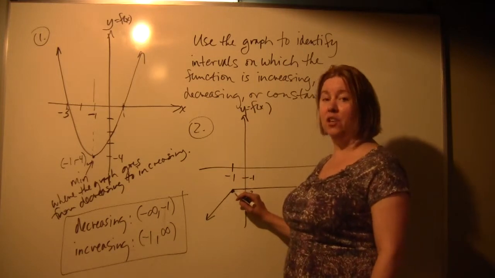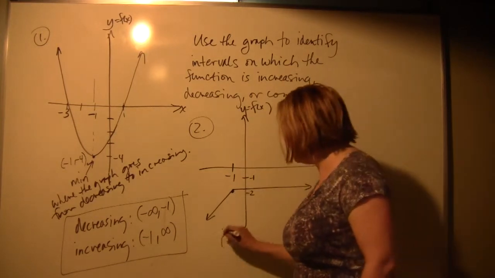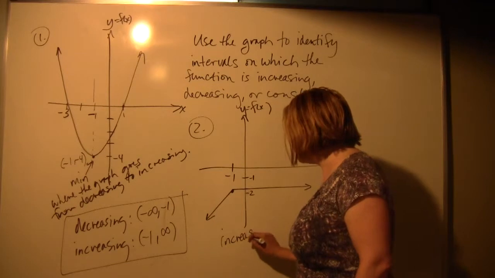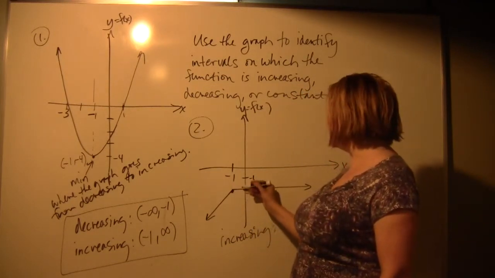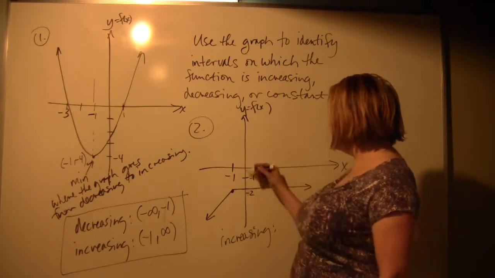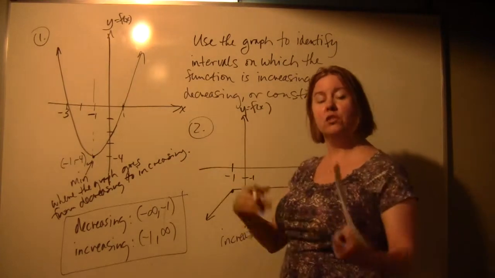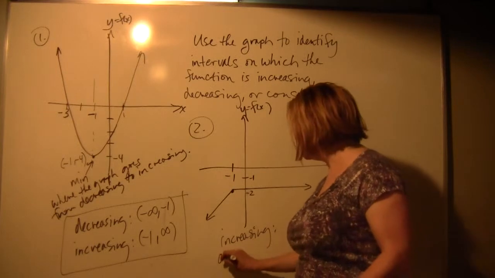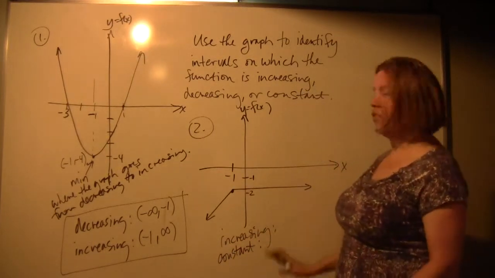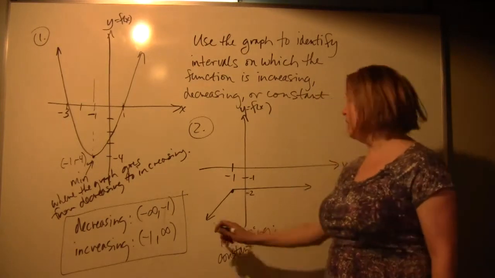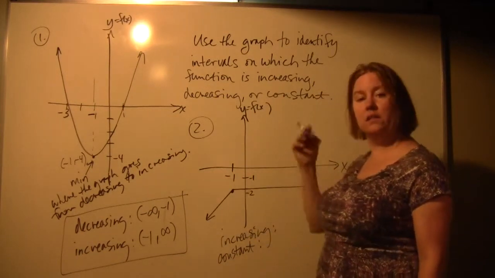So we consider that increasing. So we have a part where it's increasing. And then once we get here, it goes straight across. So the y values are neither increasing nor decreasing, they're actually constant. So on this one, we don't have anywhere where the graph is actually decreasing. We have an increase and then a constant.